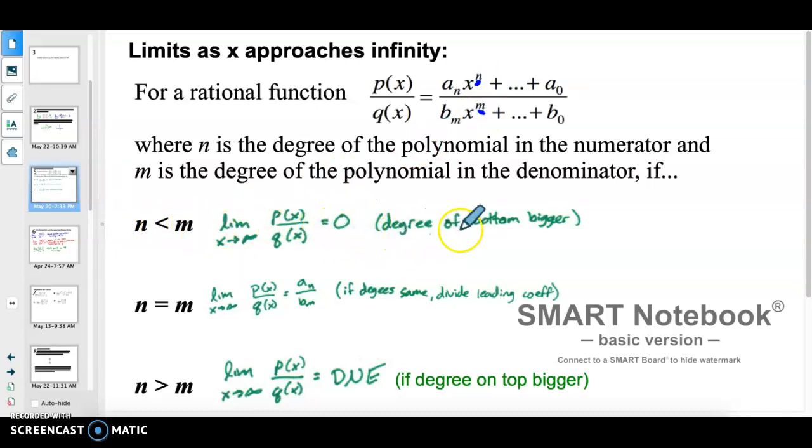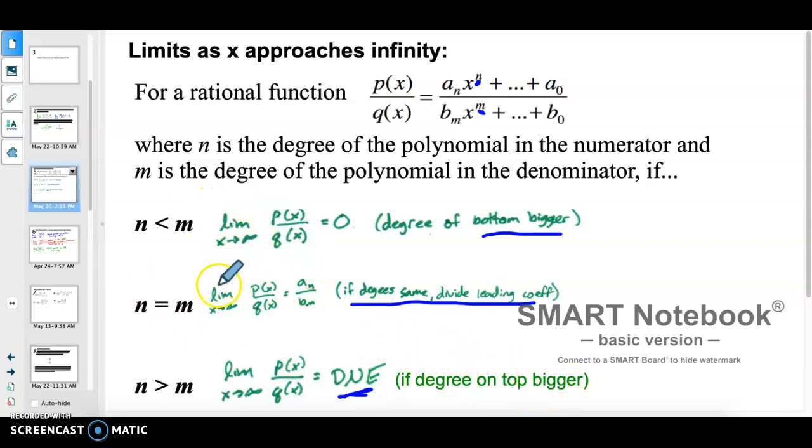Basically, if the degree on the bottom is bigger, your limit is going to go to 0. If n equals m, so if your two exponents are the same, you're going to divide the leading coefficients. That's what this is saying. And then if n is greater than m as x goes to infinity, that's if the degree is greater on the top than on the bottom, that's when your limit does not exist.